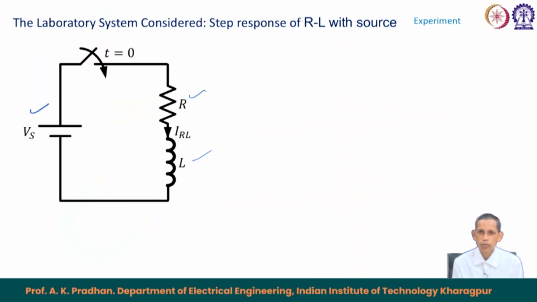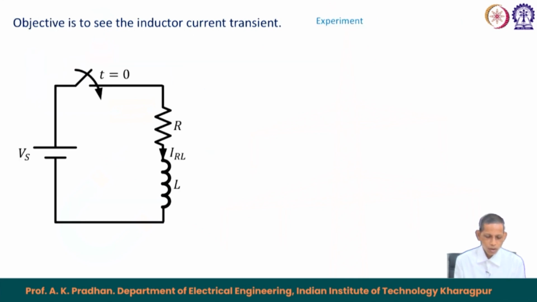Whenever the switch is closed, the current through the inductor will be observed to increase, and in steady state the current will be V upon R. This current increment from 0 to the steady state value happens in an exponential manner, that we like to observe for an RL circuit with source. So, the objective is to see the transient current in the inductor during source energization.